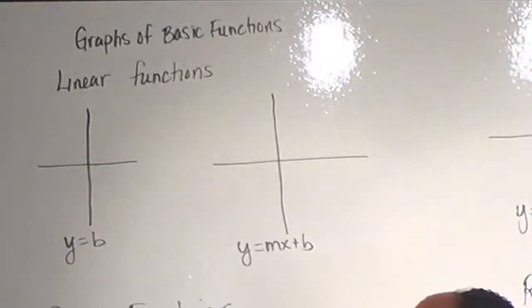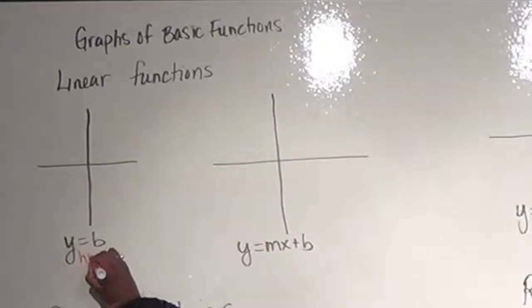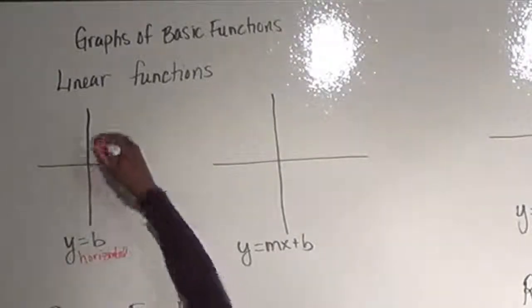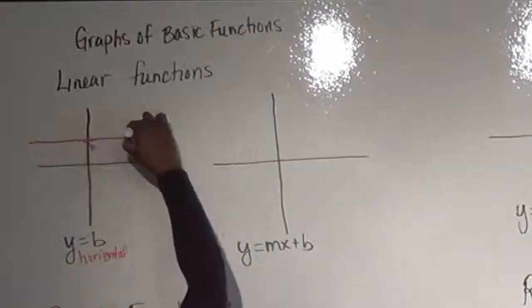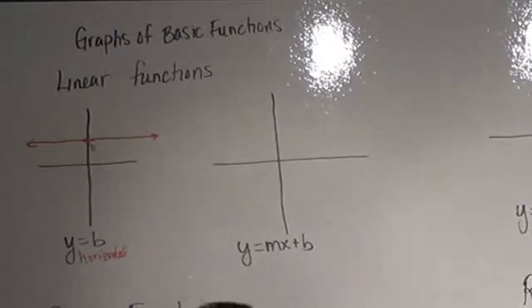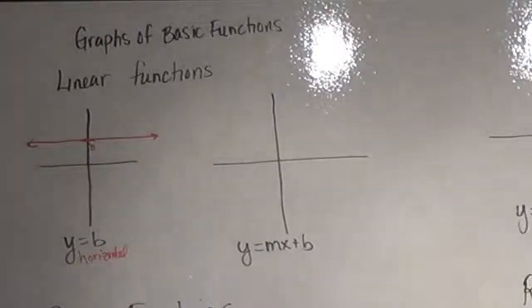Okay? So the first of these are our linear functions, and there are two types of linear functions. The first is just one that's a horizontal line, y equals b. So wherever b is on the y-axis, the line that goes through that point would be our first linear equation. Okay. y equals mx plus b, this is just our general equation for a line.